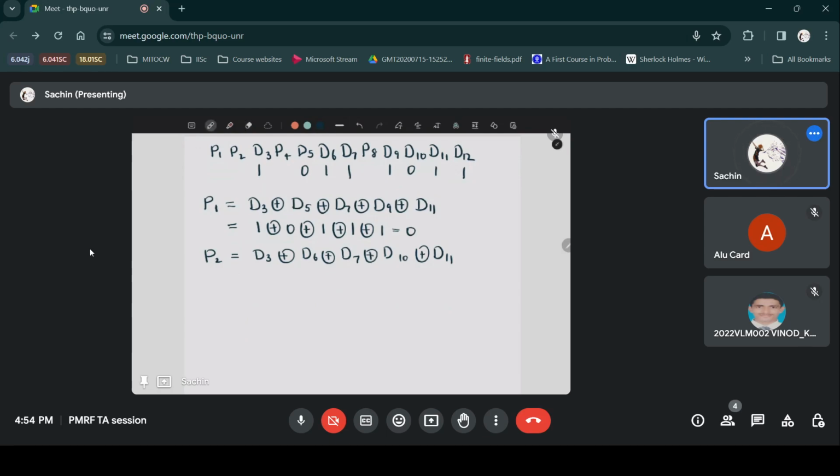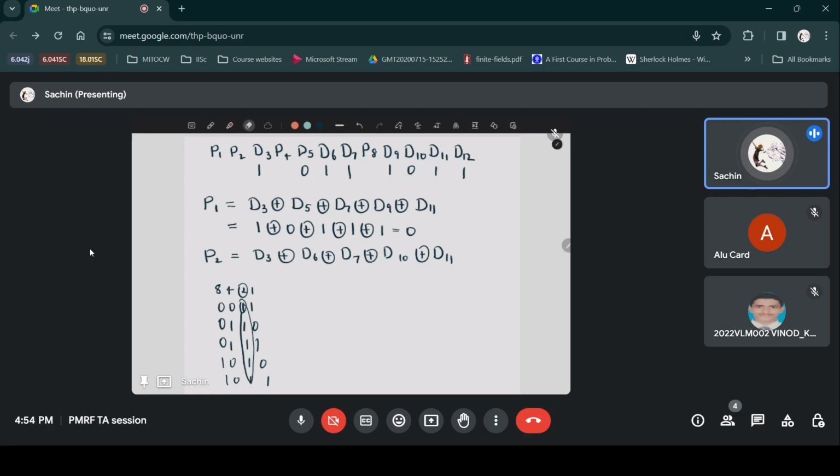For P2 you will XOR all those digits which have a 1 in the 2's position. So if you have 4 bits, 2's position is the bit next to the LSB. Then this will be the 4's position, this will be the 8's position. So you can see that 3 has a 1 in the 2's position. 6 also has a 1 in the 2's position. 7, 10 and 11, all of these have a 1 in the 2's position.